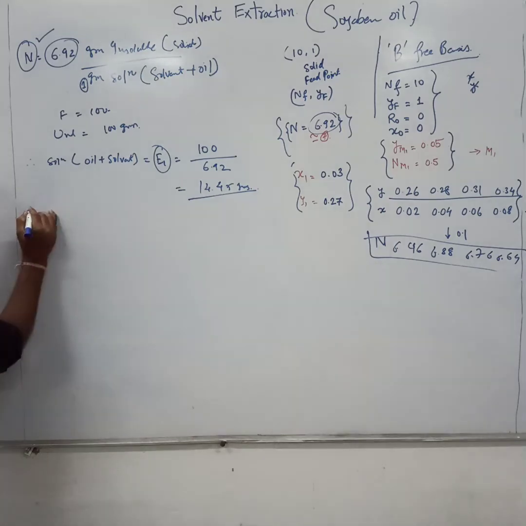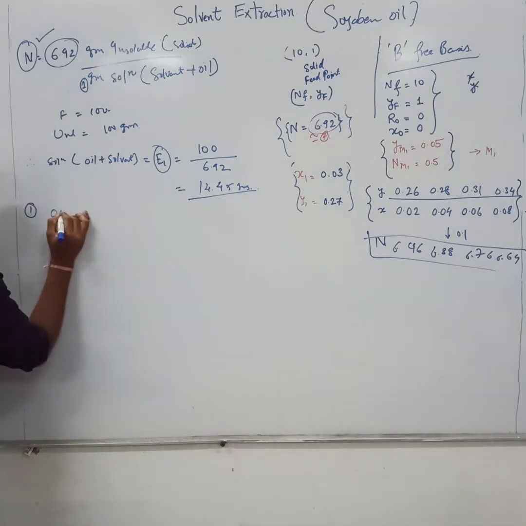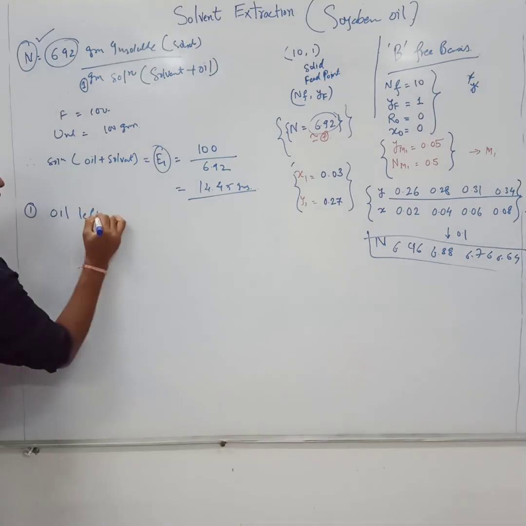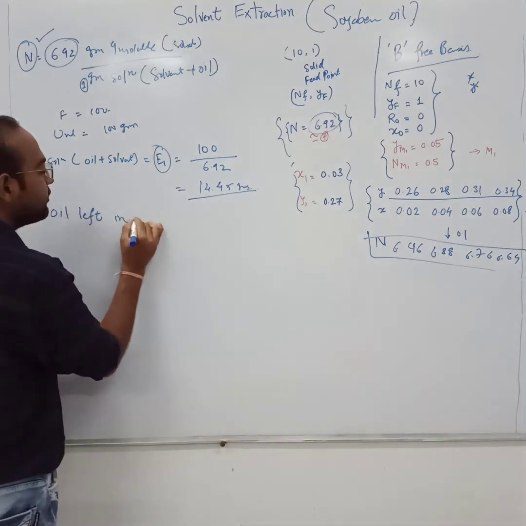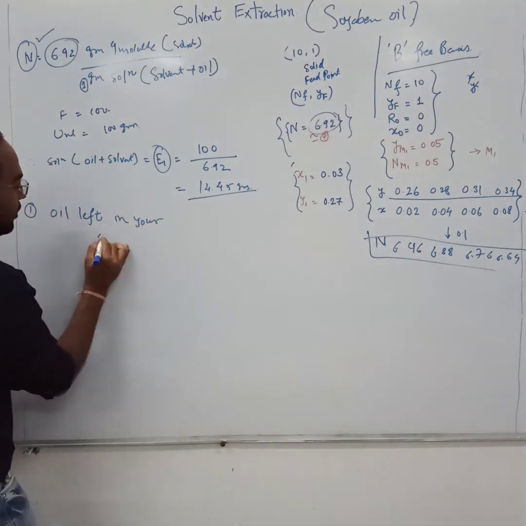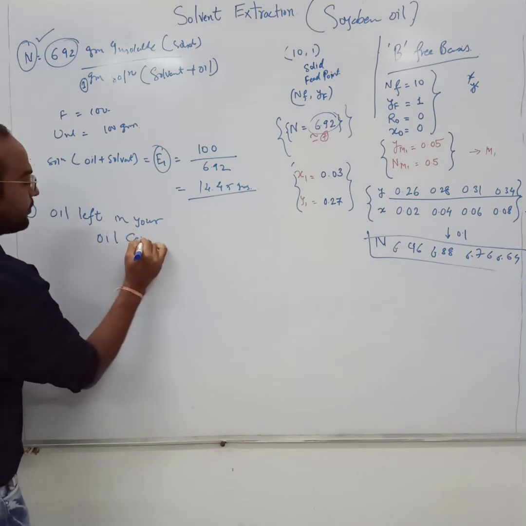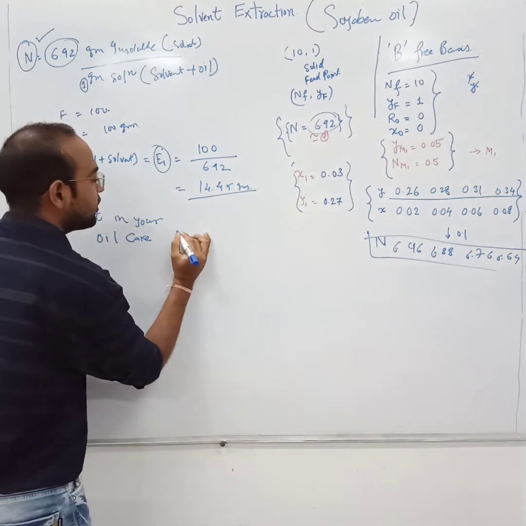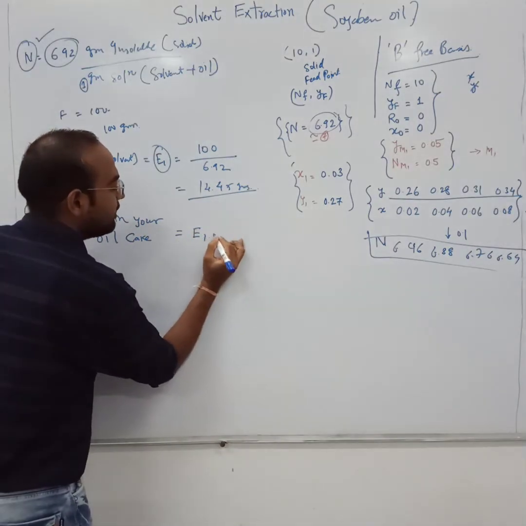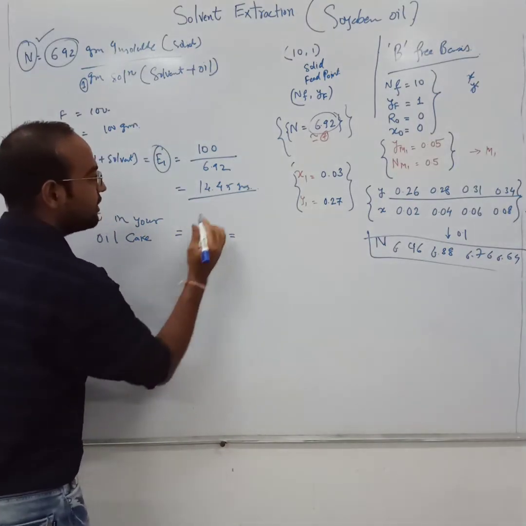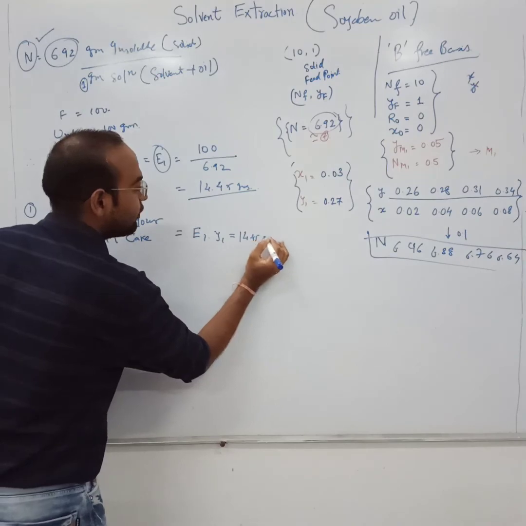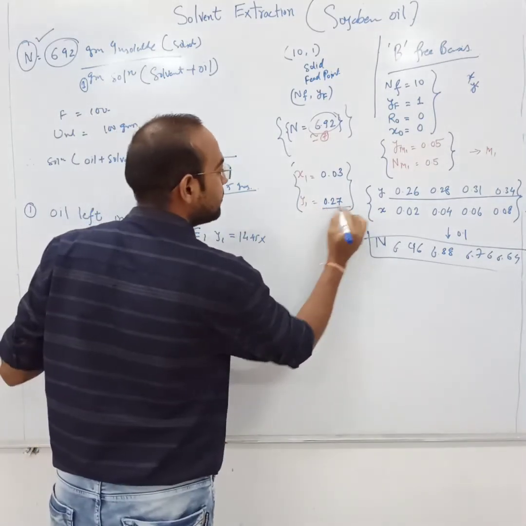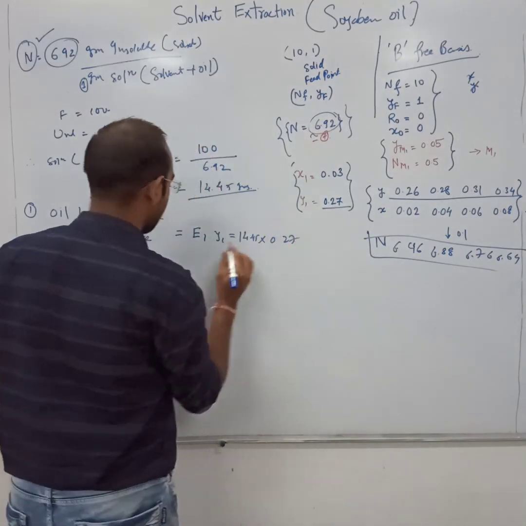Lastly, you can calculate the amount of oil left in your oil cake. When you get the cake after extraction, the amount of oil left in your cake is E1 times Y1. E1 is 14.45 and Y1 is 0.27.